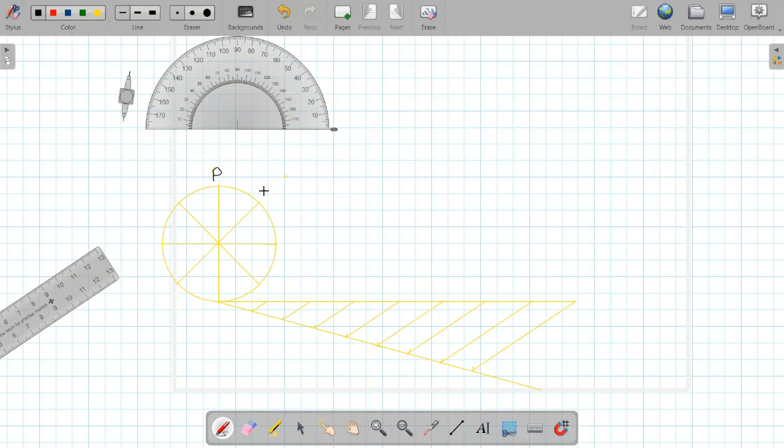So in the clockwise direction, the next number will be 1 here. So this is point 1, then point 2, point 3, point 4, point 5, and so on, 6, 7, and 8. So point P and 8 will be the same.